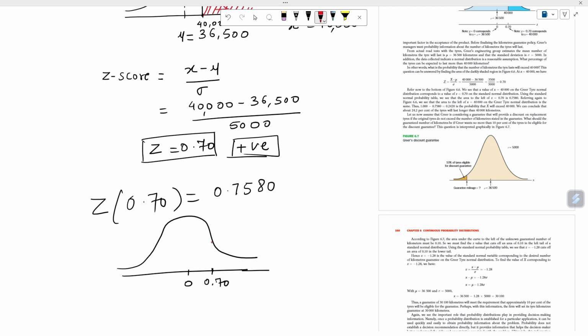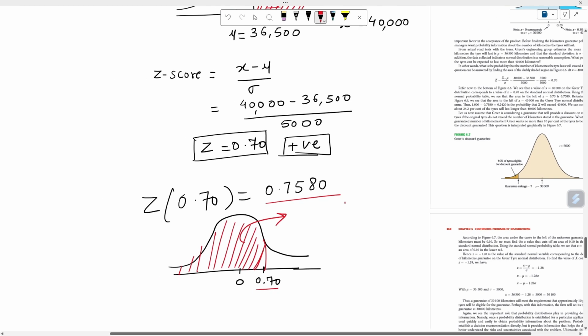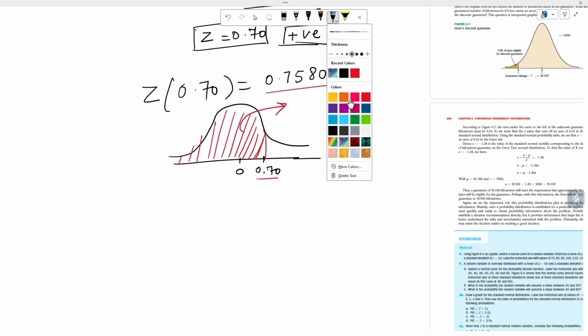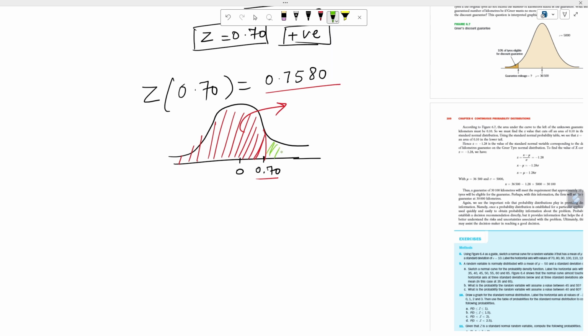So the probability shows us this much portion, meaning that the probability for z-score 0.70, 0.7580, is this much portion. But in our scenario, we have to determine the probability of this portion. We want the area of this portion.